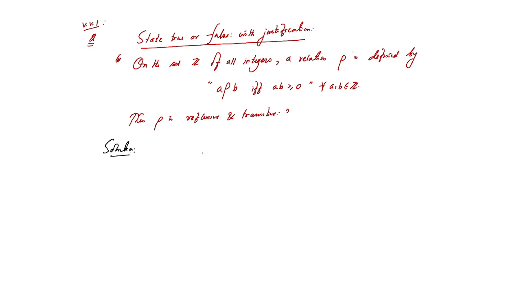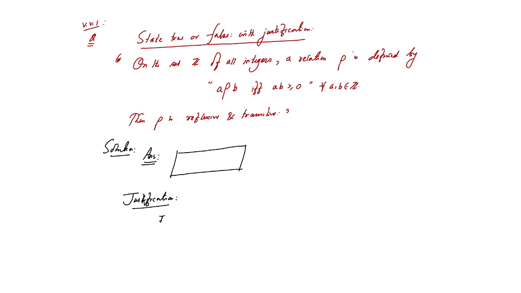It may be true, may be false, we don't know, but we'll move to the justification. So we'll check first whether it is reflexive and transitive or not. Then we'll say the answer, true or false. Okay. Now this part will be pending. We'll continue the justification. After that, we'll write the answer.